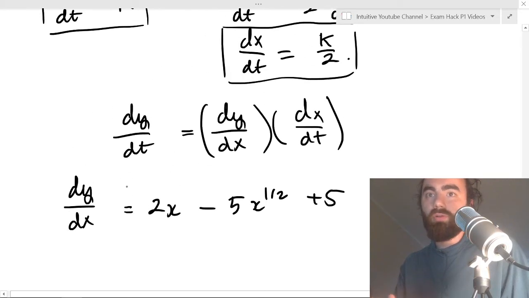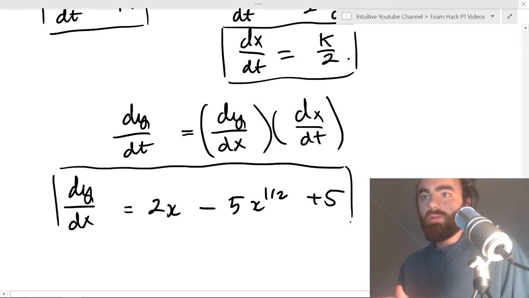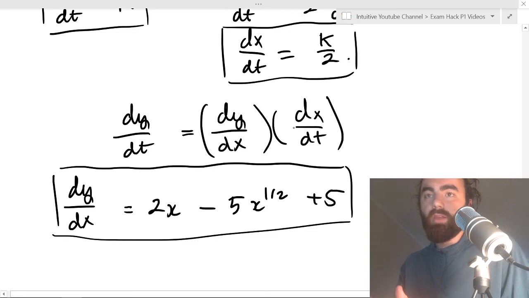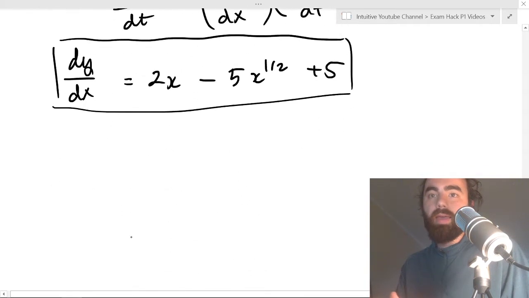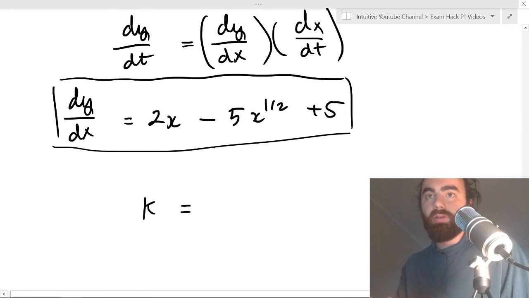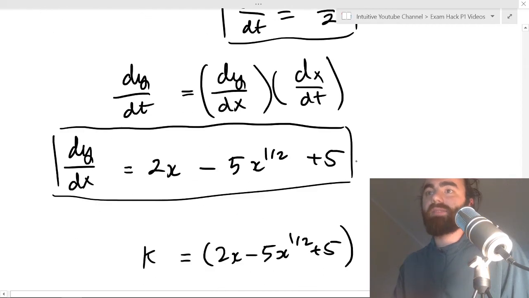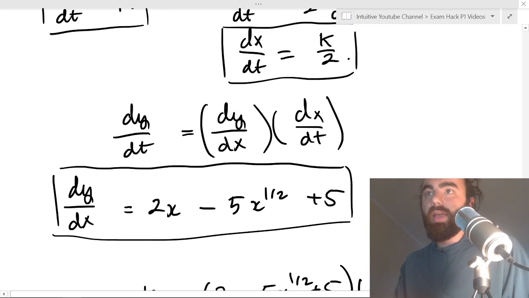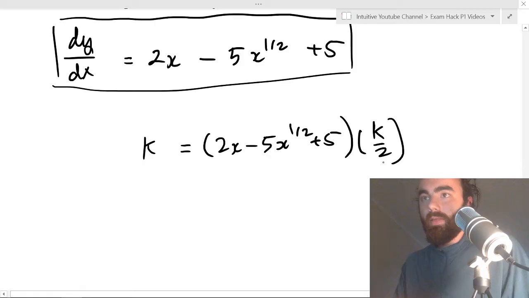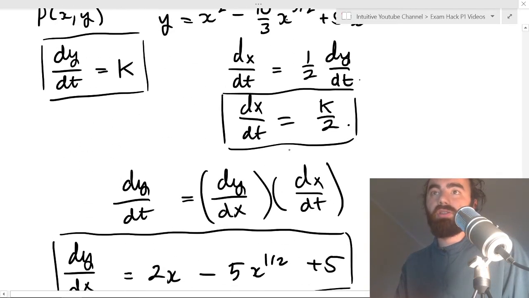So if we substitute all these things into our chain rule equation, we get k equals our dy by dx, which is 2x minus 5x to the half plus 5, times our dx by dt, which is k over 2.